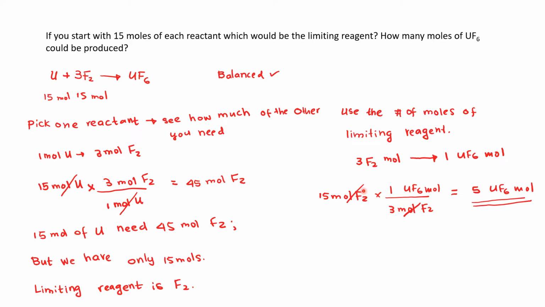We have only 15 moles of fluorine, so we start from there. 15 moles of fluorine times 1 mole of uranium hexafluoride per 3 moles of fluorine. So the answer is 5 moles of uranium hexafluoride.